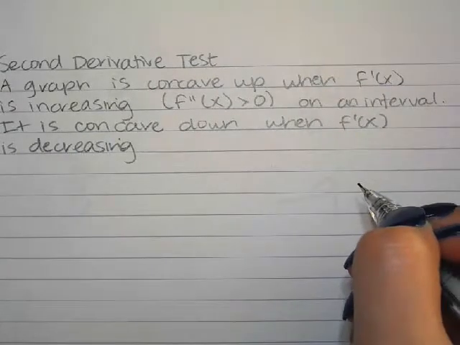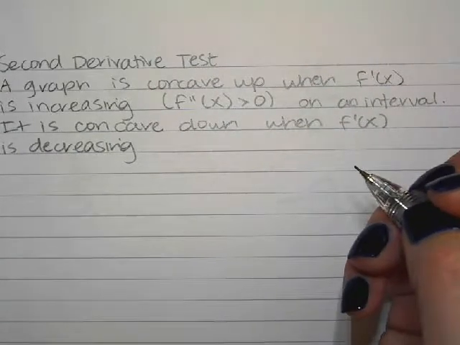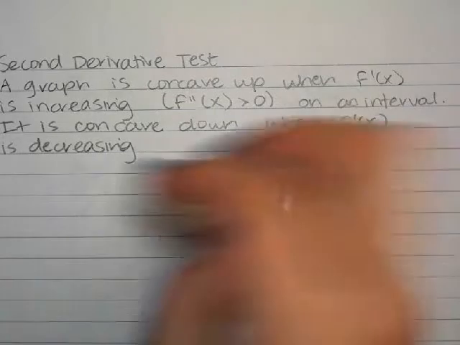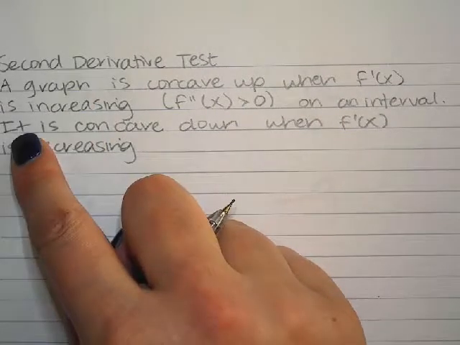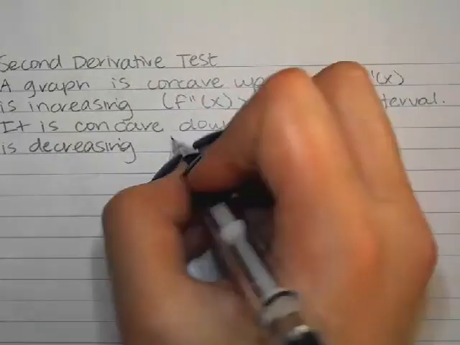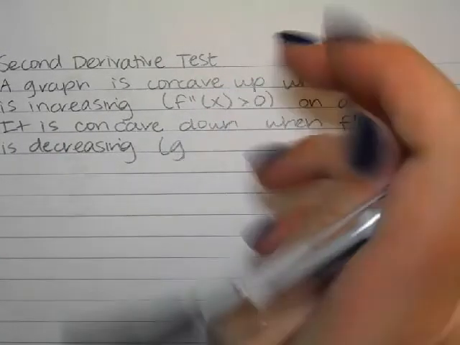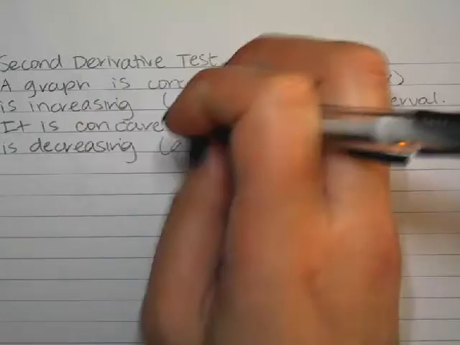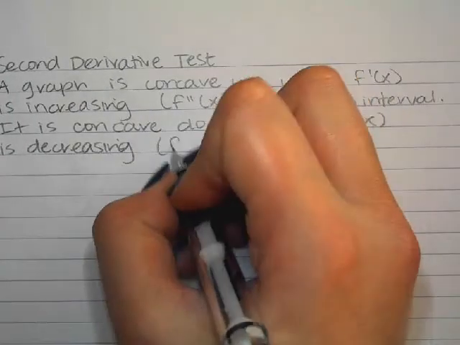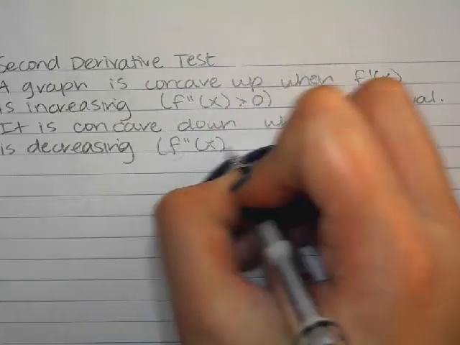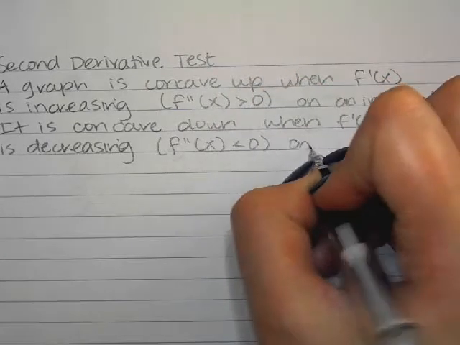I couldn't even say the graph, I'd say the function, f of x. f of x is concave up when f prime of x is increasing. f of x is concave down when f prime of x is decreasing, which means that the second derivative, f double prime of x, is less than 0 on an interval.